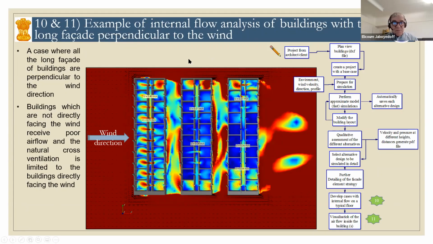So this example shows you here how the air, when the wind direction is perpendicular to the longer facade, if you have 3 buildings, one behind the other, you can see that the airflow in the first building is quite high. You can see that we reach velocity of almost 1 meter per second inside the building, and that the next one and the next one, the one behind, is getting hardly any wind.